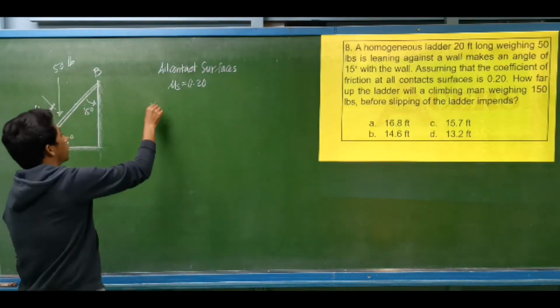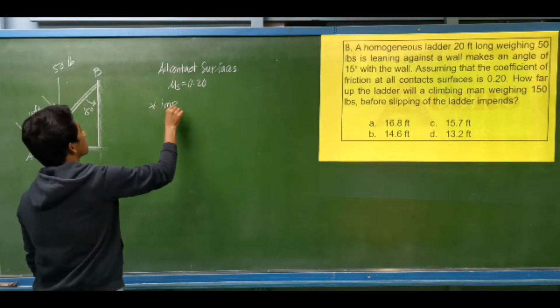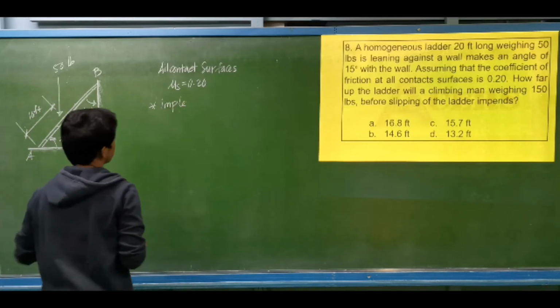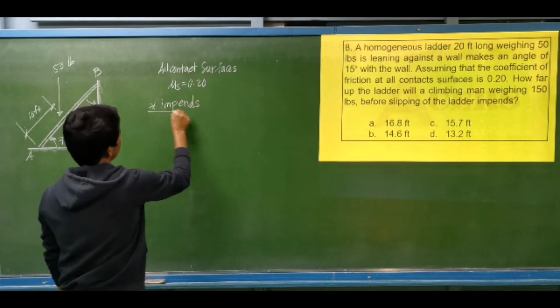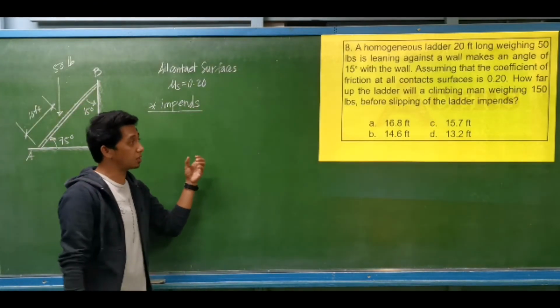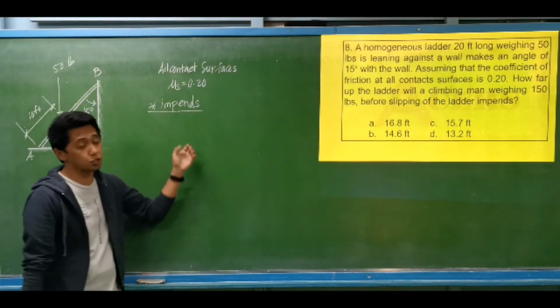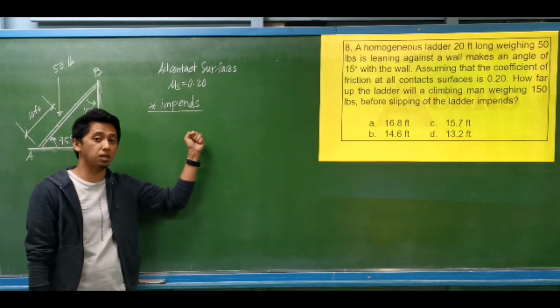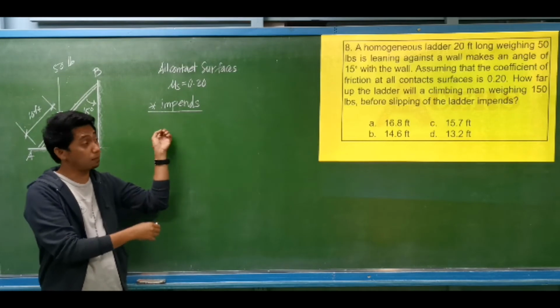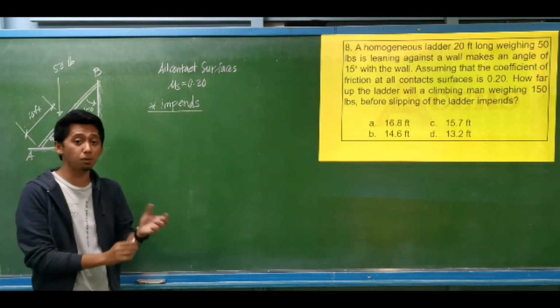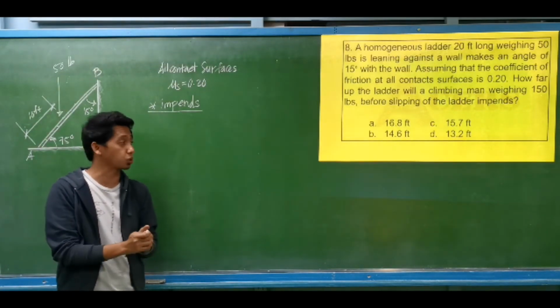So if we have the term impends, which means the ladder is about to move or start to move, the analysis is still statics. We are not to consider the problem to be in dynamics, since the motion is just about to start.